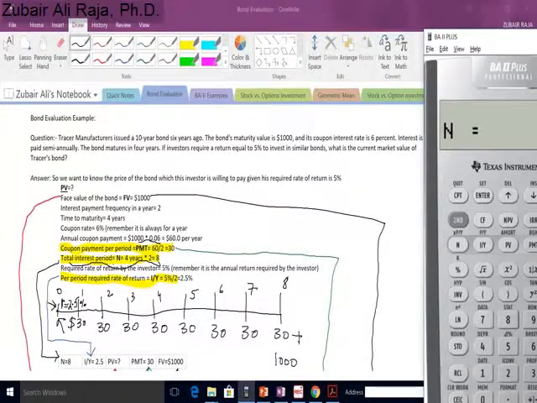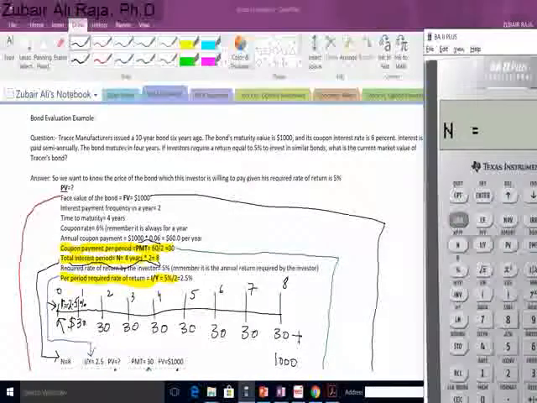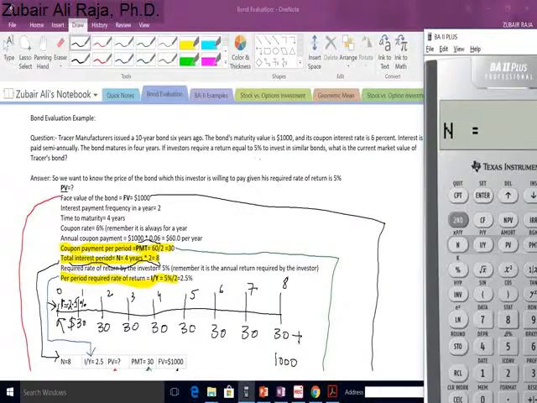And remember, each period is 6 months. So we have to divide this 5%, which is the annual required rate of return, by the number of times the interest is being paid in 1 year. The number of times the interest is being paid in 1 year is 2, so the interest payment frequency in a year is 2.